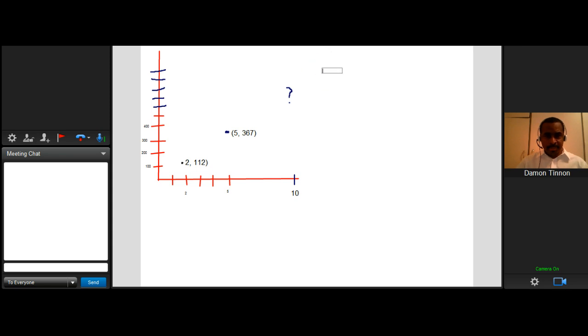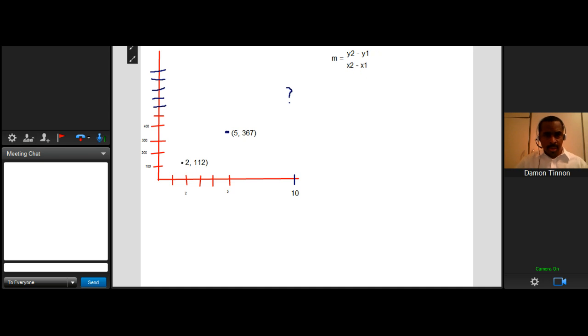And so the slope formula, and you are actually given this formula on the GED test, so this is nothing you need to memorize, but the slope m is equal to y2 minus y1 all over x2 minus x1.